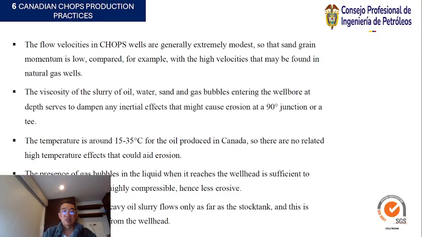The presence of gas bubbles in the liquid when it reaches the wellhead is sufficient to make the produced fluid highly compressible, hence less erosive. Once at the surface, the heavy oil slurry flows only as far as the stock tank, and this is generally less than 20 meters from the wellhead.